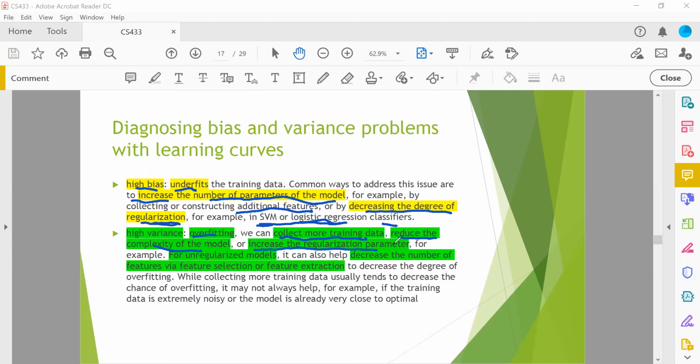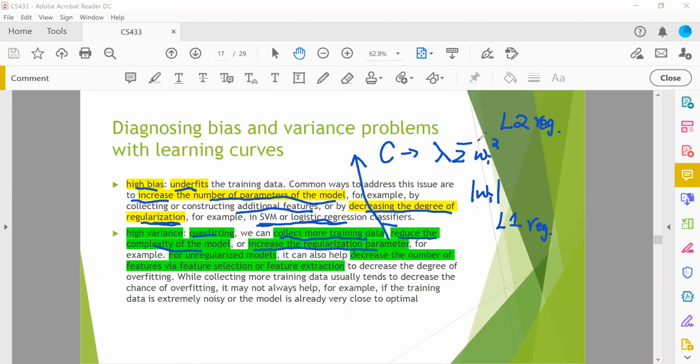For one case that is C, and the C is related to the lambda in gradient descent. You remember the lambda term is the sum of w_i squared, so this is L2 regularization. And we also have L1 regularization.